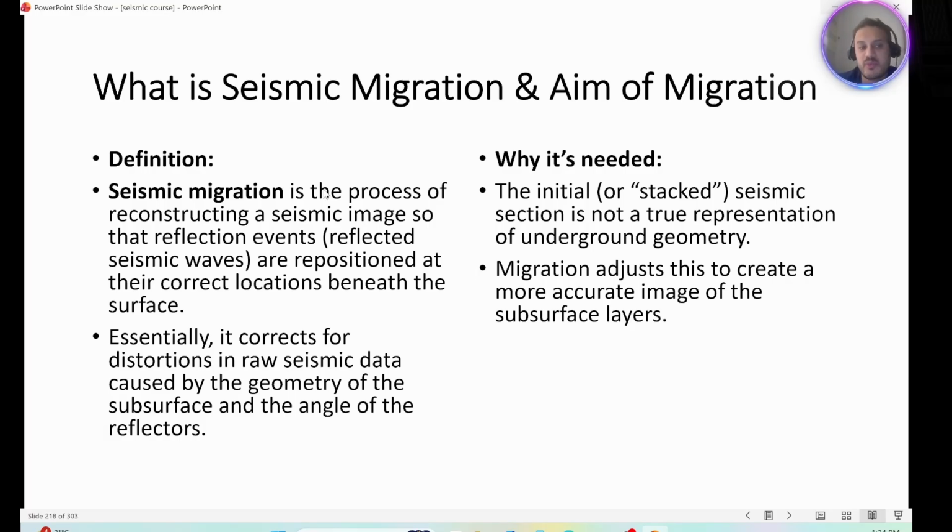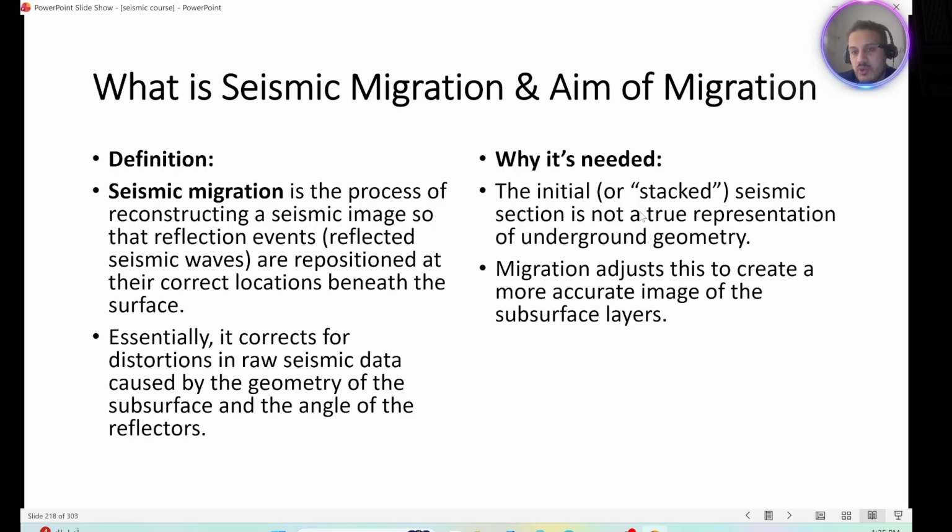Seismic migration is the process of reconstructing a seismic image, so the reflection events, the reflected seismic waves, are repositioned at their correct locations beneath the surface. Essentially it corrects for distortion in the raw seismic data caused by the geometry of the subsurface and the angles of the reflectors. Why would you need the migration?